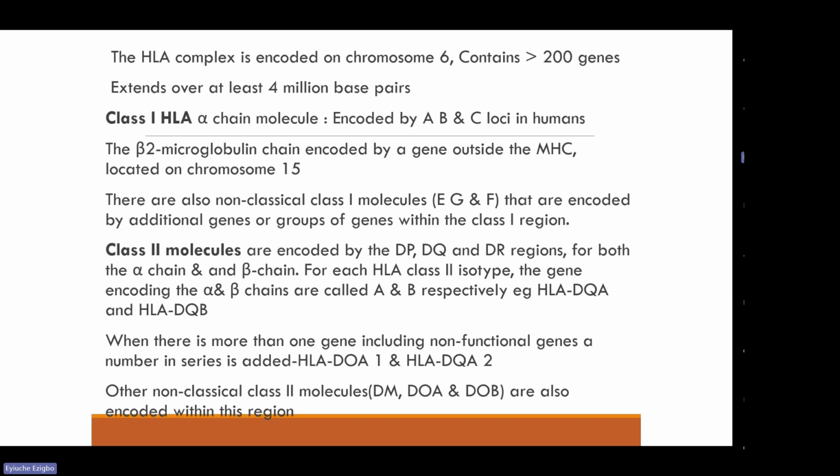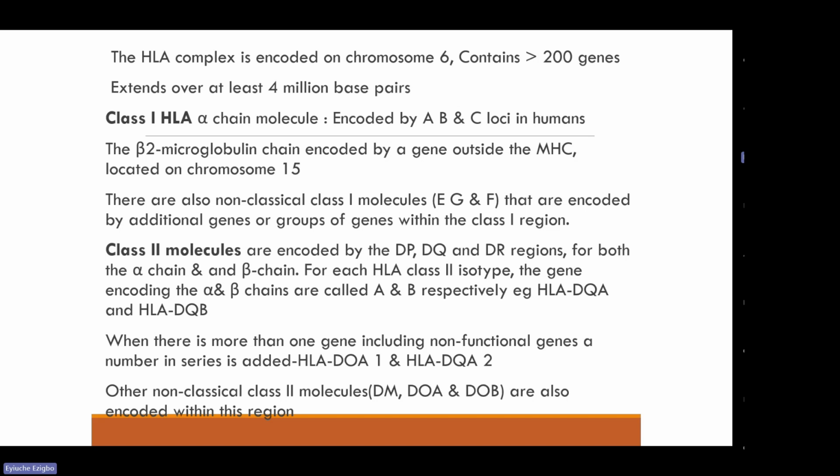The beta 2 microglobulin chain, when we go to the structure of the MHC molecule, you'll be seeing these chains of the MHC molecules. The beta 2 microglobulin chain is encoded by a gene outside the MHC and is located on chromosome 15. So there is this chain, beta 2 microglobulin, in the class 1 HLA molecules.